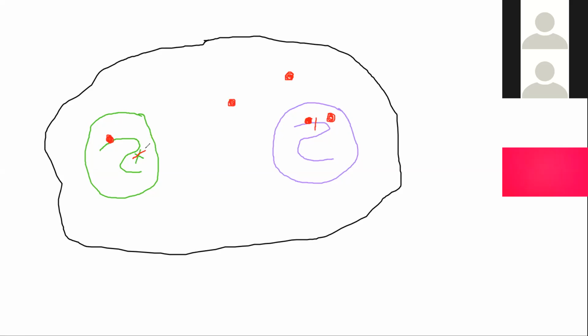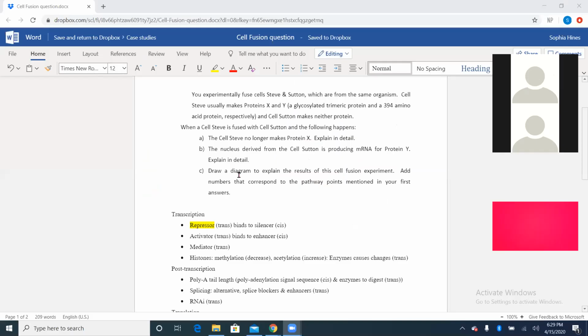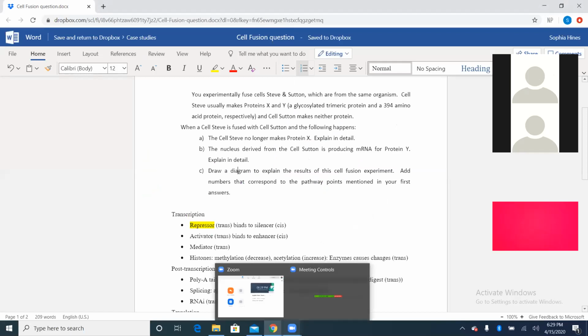So when I'm asking over in here, draw a diagram to explain the results of the cell fusion experiment. Add numbers that correspond to the pathway points mentioned in your first answer. If you had these numbered, you can draw a very simple picture like my terrible sketch here.